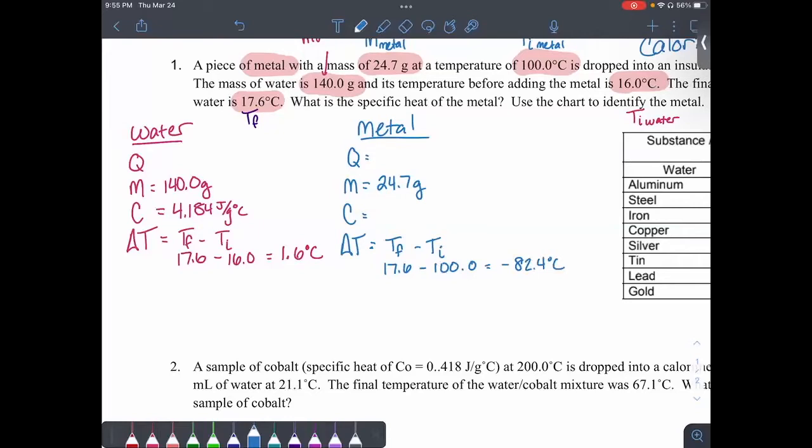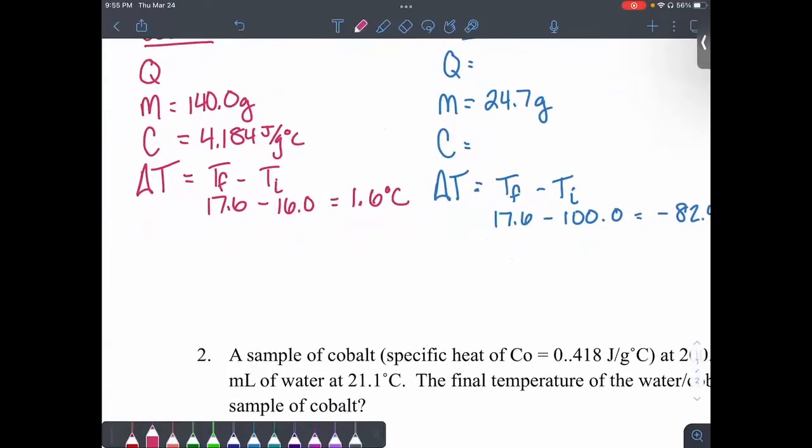So now that we have all the information we needed to start our problem, we can go ahead and look and see that our water is only missing one variable versus our metal is missing two. So we're going to solve for something with our water first. So Q equals mC delta T. Okay, and we can plug in our information of the mass, which was 140 grams, our C, which was our specific heat capacity of 4.184 joules per gram degree Celsius, and our change in temperature of 1.6 degrees Celsius.